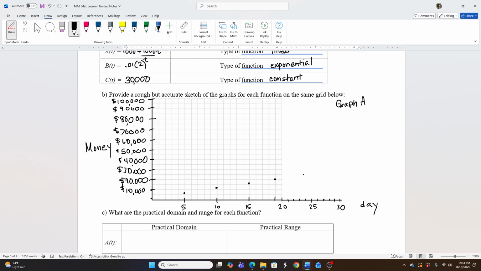My 24th day, I'd be at $25,000. And my 29th day, I would be at $30,000. So I'm getting these points by going over here. This is $30,000. Then we try to graph that line. We'll call that good. That is situation A. Let's graph situation B in blue.